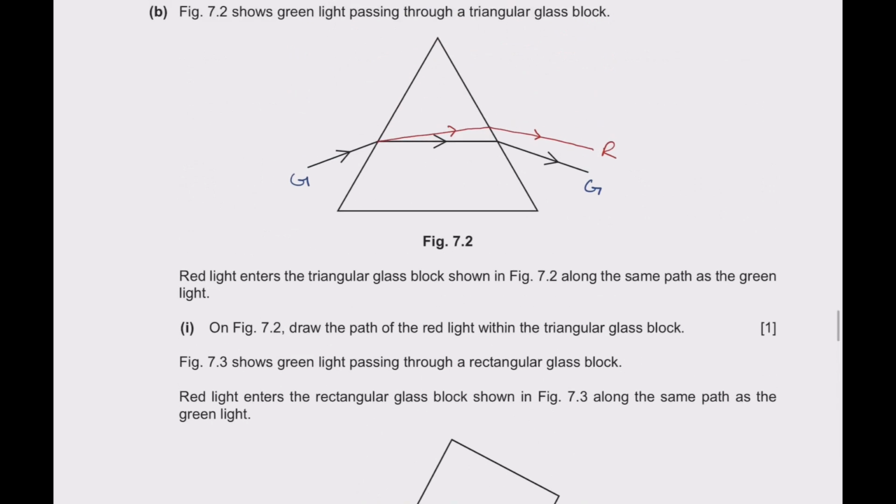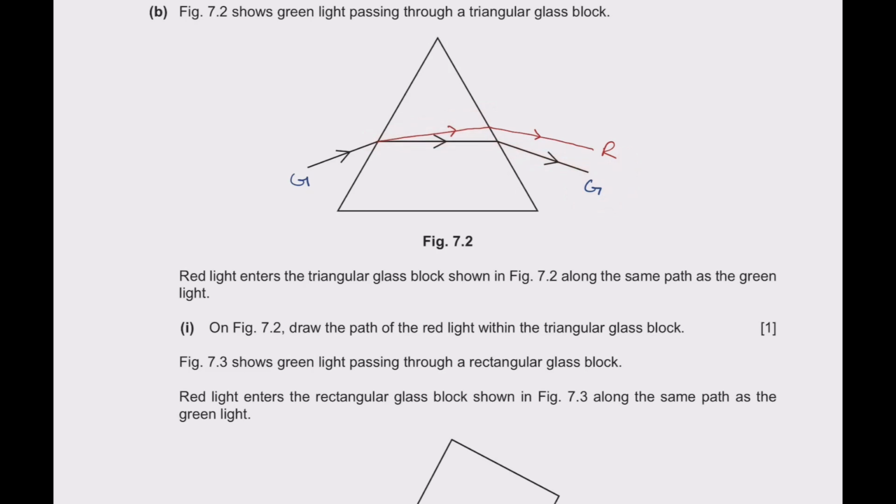Why will this be the red light? The reason is that red light has a longer wavelength. A longer wavelength means it will deviate less than the green light, which has a shorter wavelength than red light.